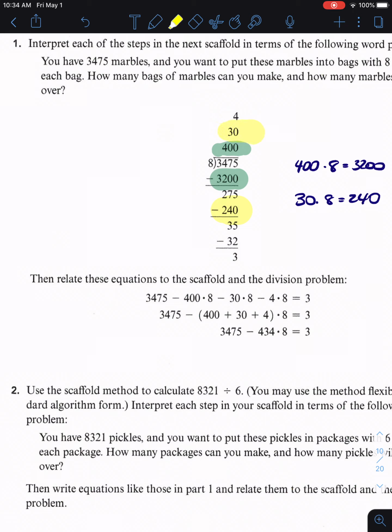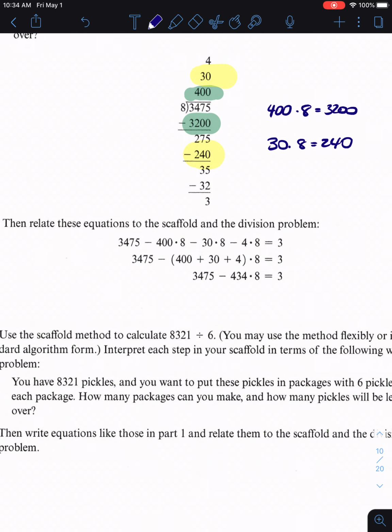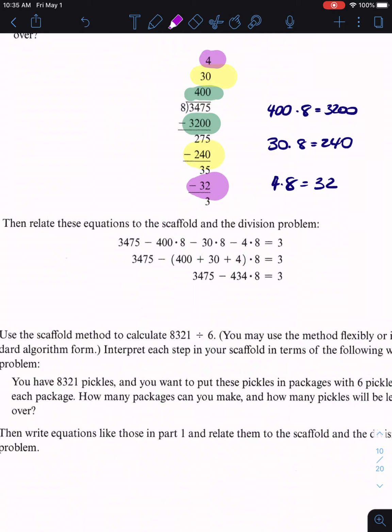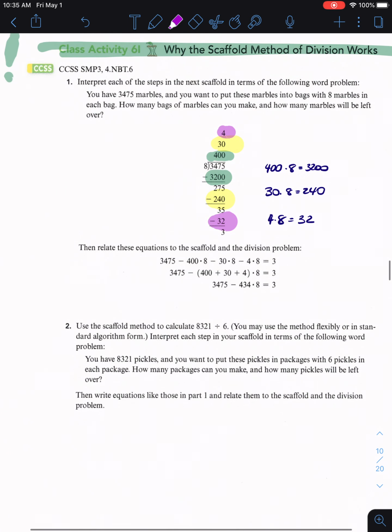So that's the 30 groups. Then what they're left with is 35. They had 275, and they grouped 240 of that into 8s. They have 35 left, and they know that 4 groups of 8 is 32. So there's the 32, and that's 4 groups of 8, and we have a remainder of 3.